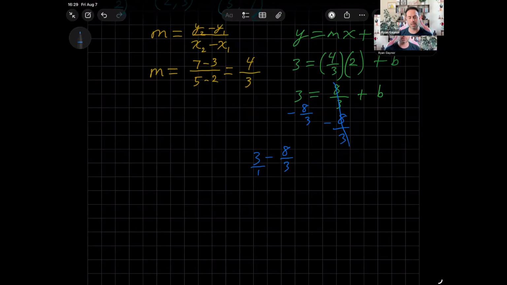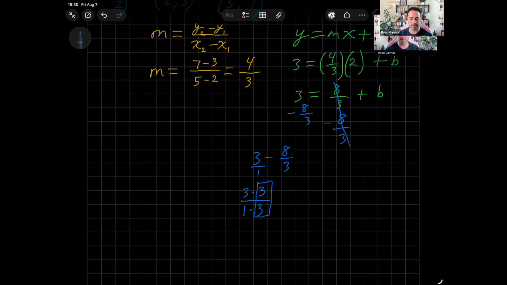So I'm going to multiply the bottom by 3, which means I have to multiply the top by 3, right? Because 3 over 3 is really just 1, so I'm really just multiplying by 1. So it's going to look like this. We're going to have a 3 times 3 on the top, and then a 1 times 3 on the bottom. So you can see right here, the 3 over 3, 3 divided by 3 is really 1, so technically I'm multiplying by 1, so I'm not changing the value.